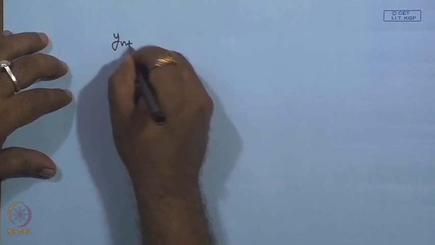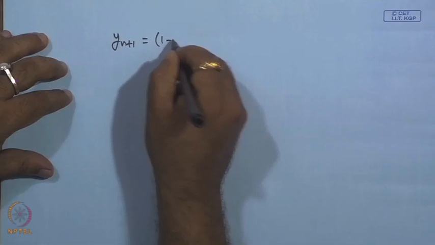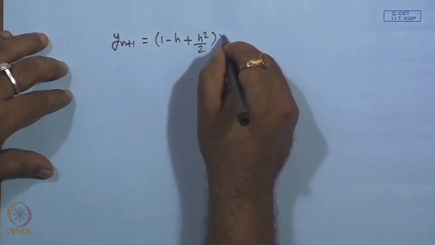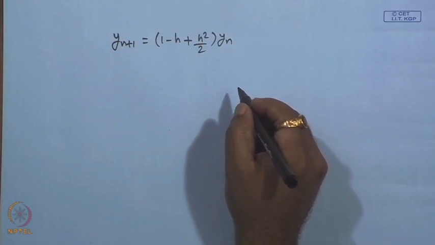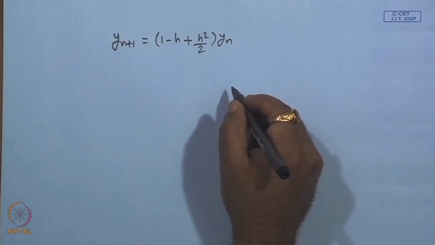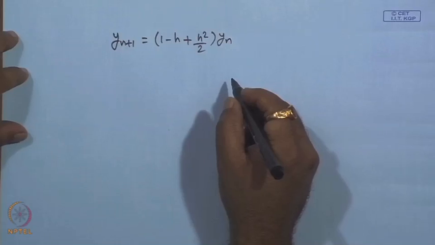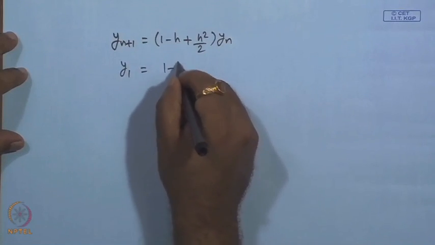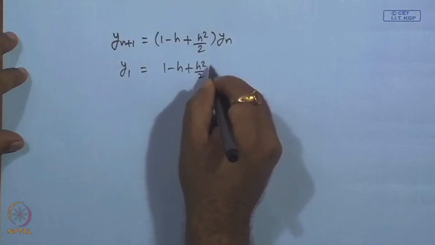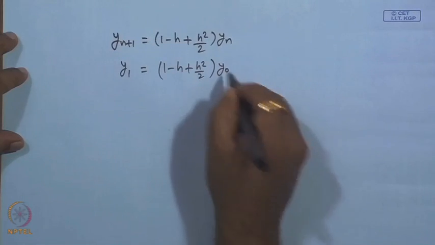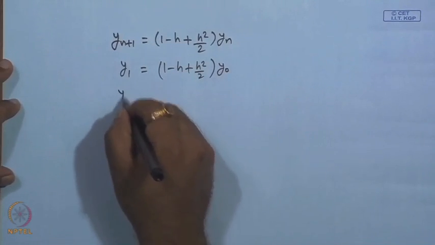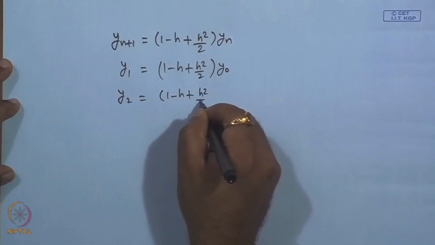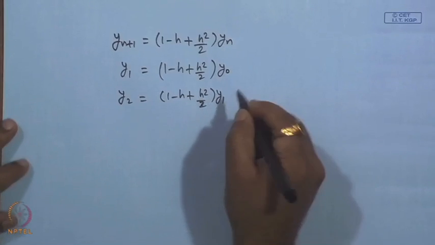What did we get? y n plus 1 is 1 minus h plus h square by 2 times y n. So, y 1 is this times y 0, and y 2 is this times y 1.